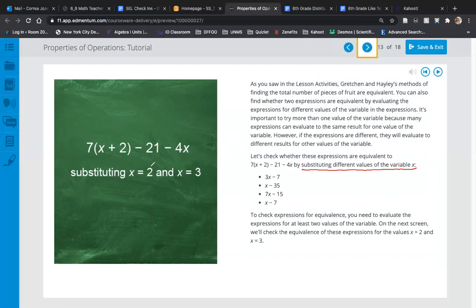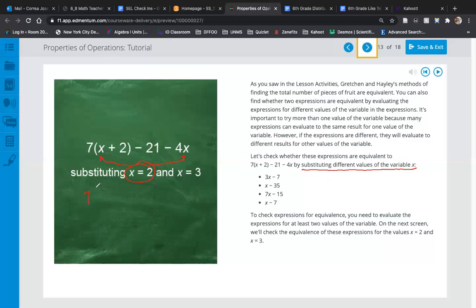So for example, we talked about substituting before. Let's say that I know that in this example here, x is equal to the number 2, right? So if x is equal to 2, that means that I'm just gonna replace all the x's that I see with the number 2. So this expression here would actually simplify down to 7 times 2 plus 2 minus 21 minus 4 times 2. Then I would use the order of operations here to evaluate this, right? Remember, we talked about PEMDAS.